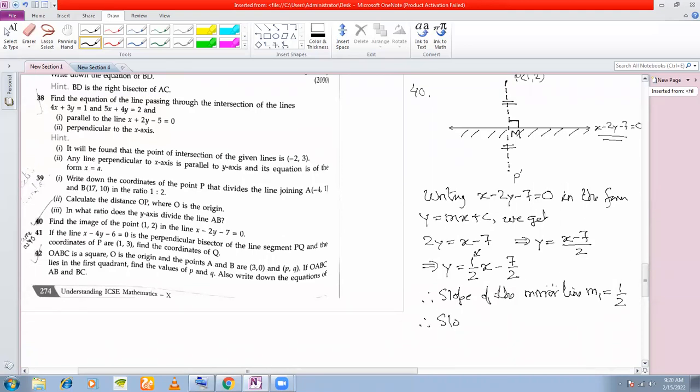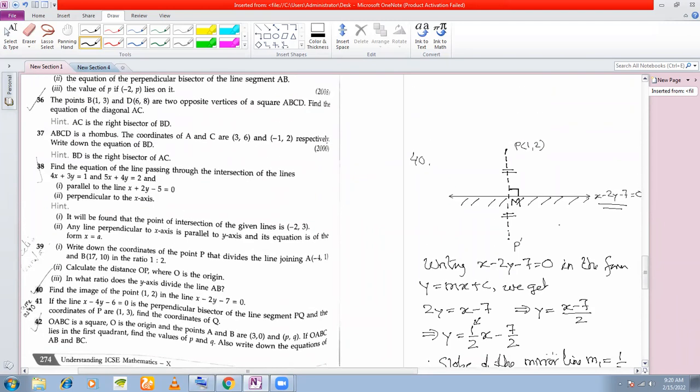Therefore, slope of the line PP dashed: PP dash is perpendicular to the mirror line, right? So therefore, its slope M2 must be the negative reciprocal of M1, right? Which is equal to minus 1 by half, which is equal to minus 2. So we have got the slope of this line M2 as minus 2, right?